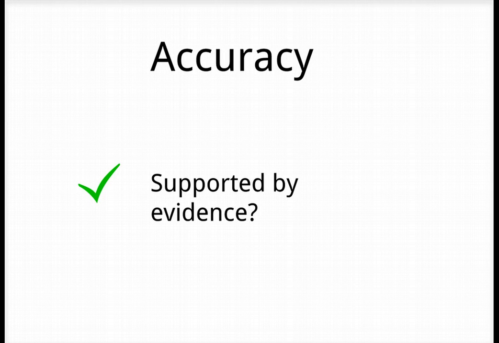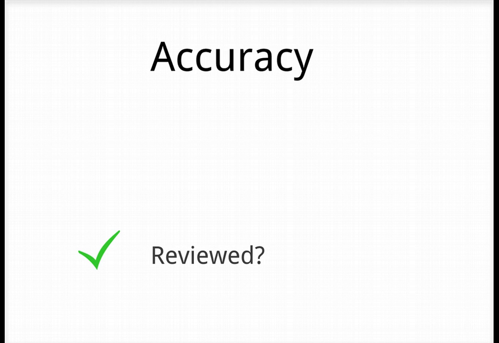Is the information supported by evidence? Again, helping them use their critical thinking skills. Has the information been reviewed, peer reviewed, or refereed? Can you verify any of the information in another source or from personal knowledge to make sure that it's accurate?